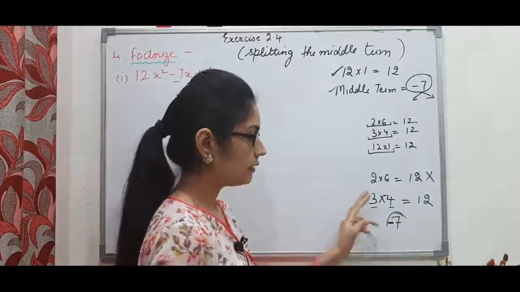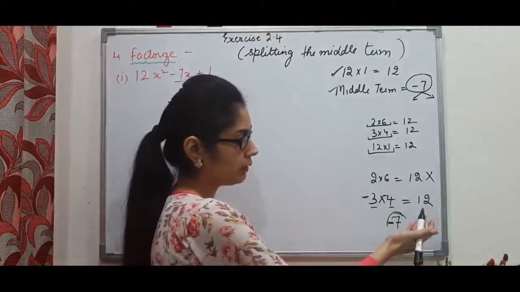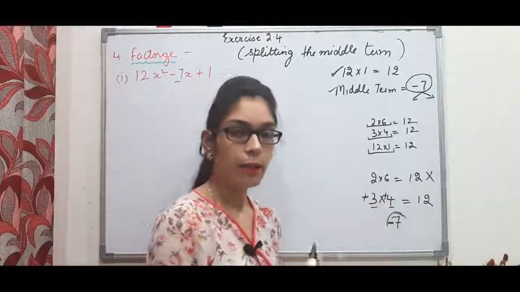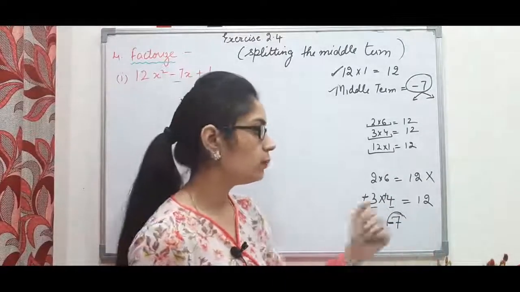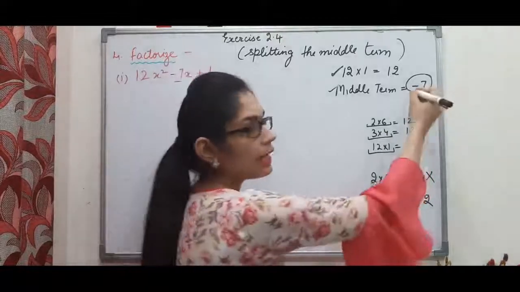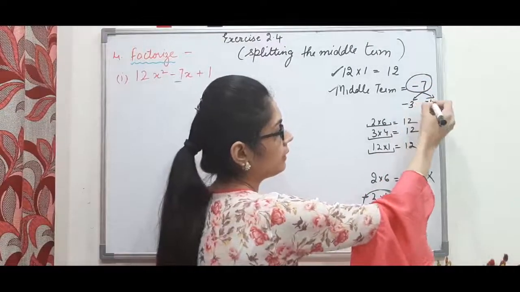So minus 3 minus 4 it will be minus 7, and if you do its multiplication also, both the minus signs they will get cancelled, and again minus 3 into minus 4 it is equals to plus 12. So we will choose these two numbers, which means I will break minus 7 into minus 3 and minus 4.